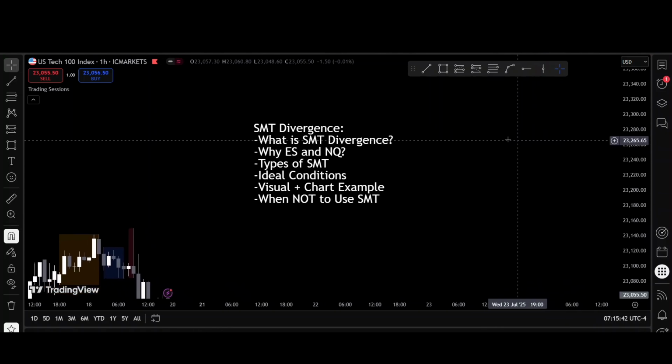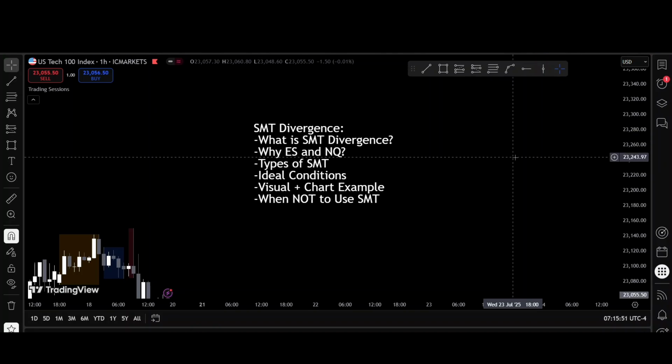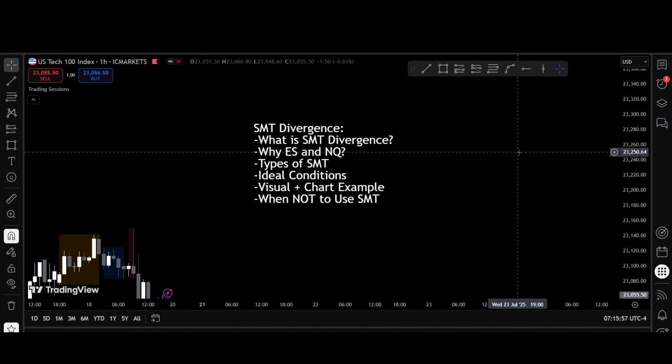It's just a concept, it's not a theory, but it's when two correlated markets, so two markets that have relations with one another, do the opposite things at the same time, and it usually signals a potential reversal or confirmation that one is manipulated and the other isn't.